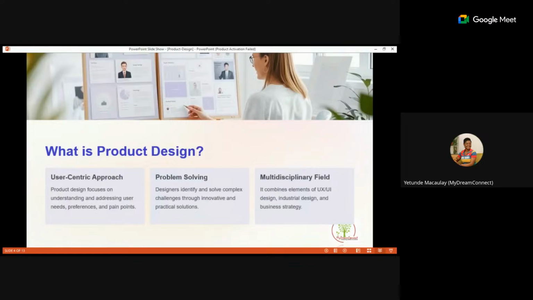Number two, it is about problem solving. So designers will identify and solve complex challenges through innovative and practical solutions. We have talked about it. Whether you are a UI UX designer or even a digital media marketer, a marketer is marketing a product for people to come and buy.